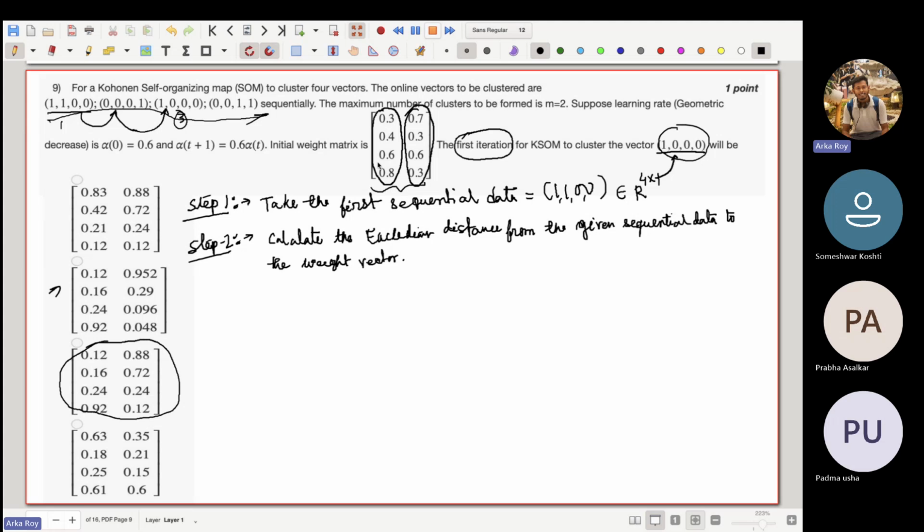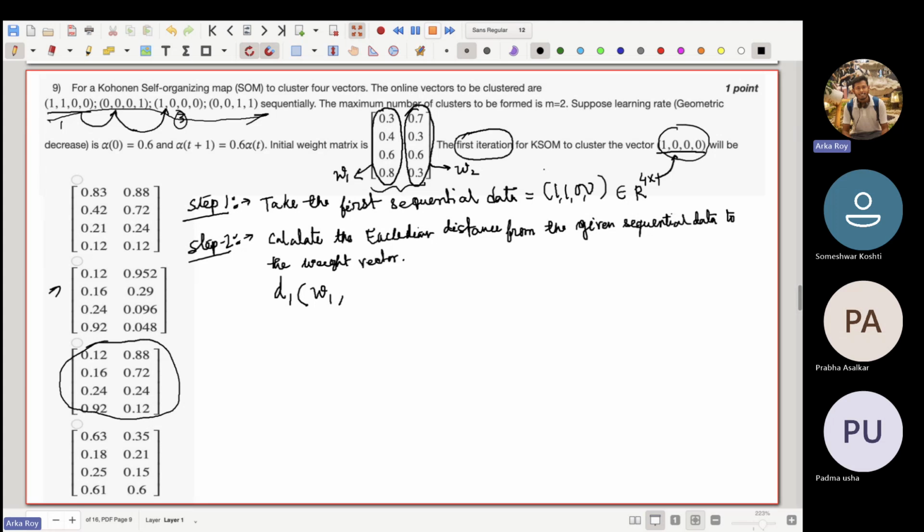You have seen that from the previous parameter calculation slide as well. So what I will do, I have to calculate D1, which basically suggests the Euclidean distance between weight vector 1 and, let me write weight vector 2, this data.